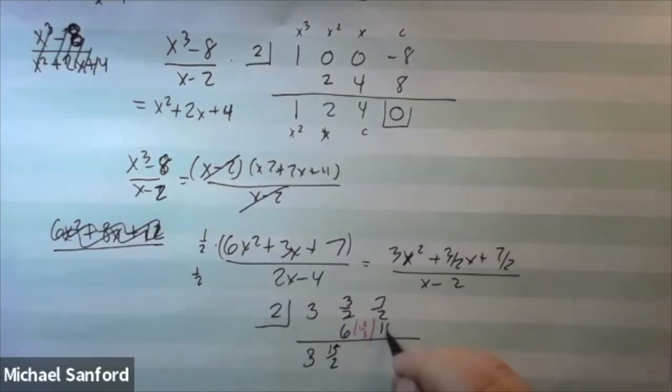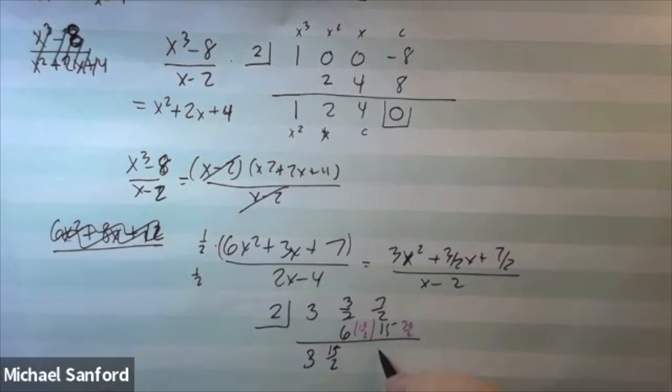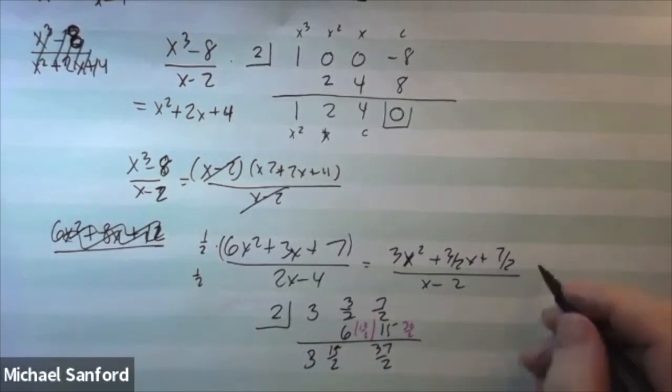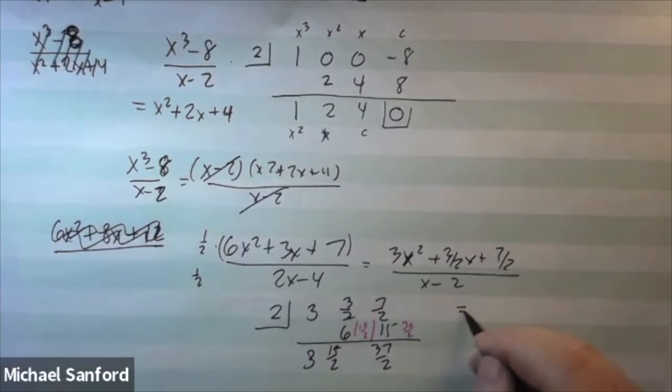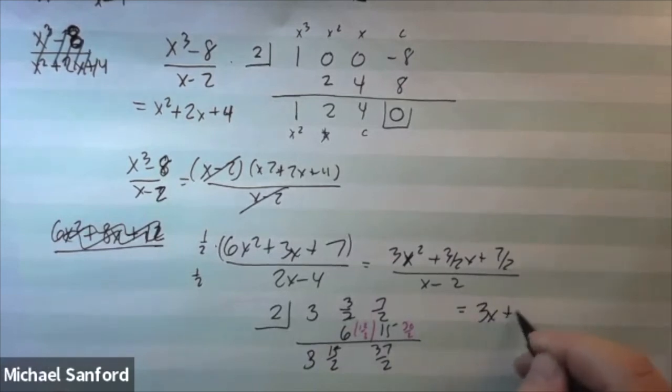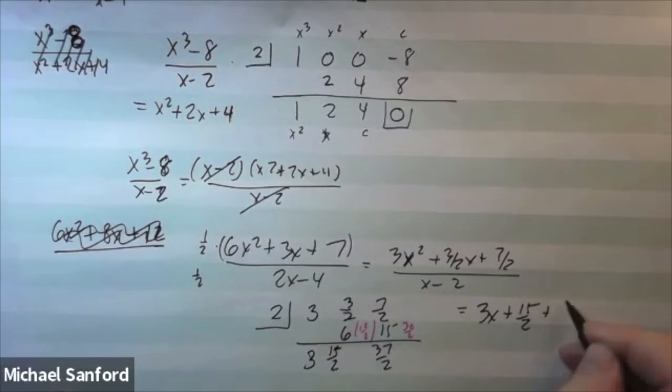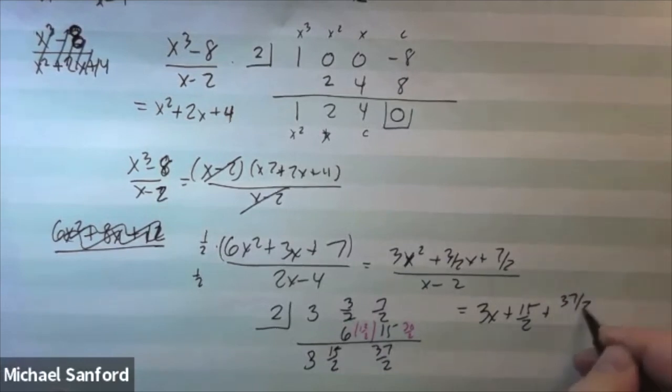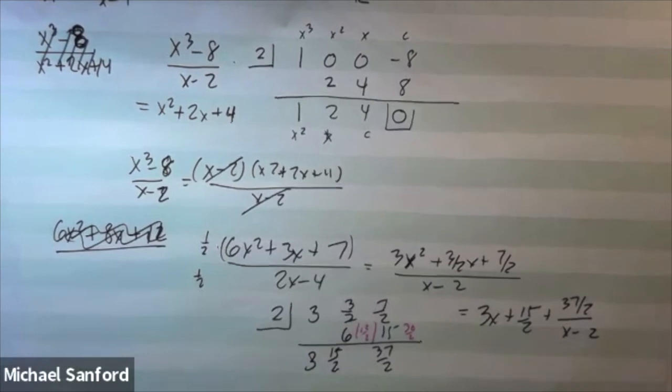Multiply those together to get 15, which is really 30 halves. Right? So you get 37 halves. So this says that this thing right here is equal to 3x plus 15 over 2 plus 37 over 2 x minus 2, like that.